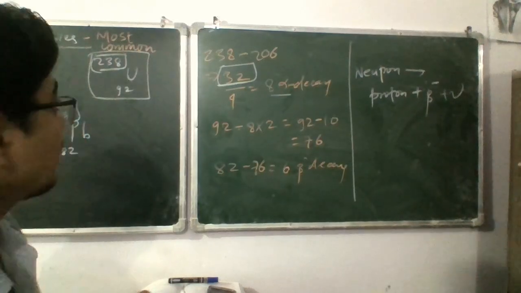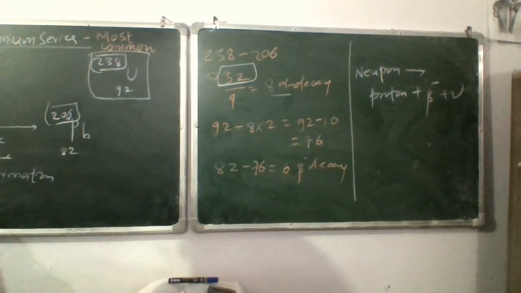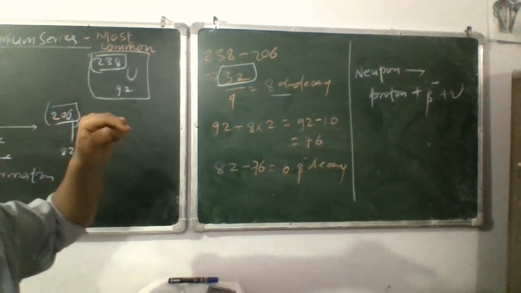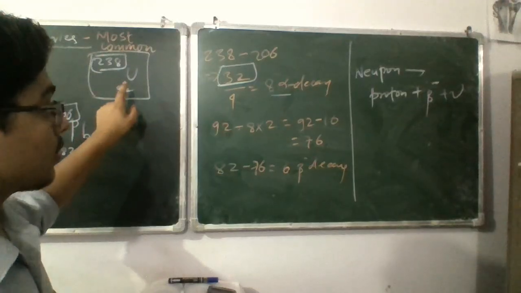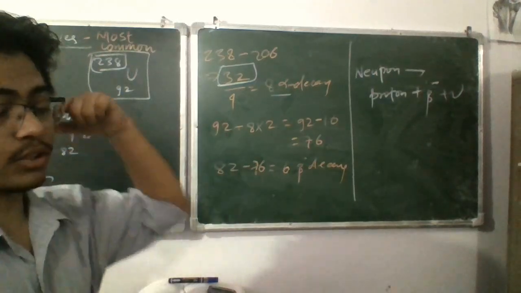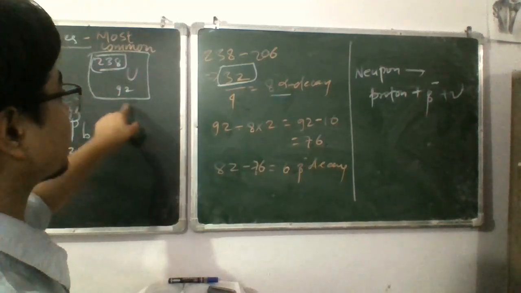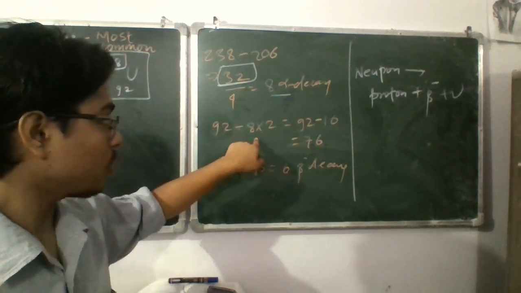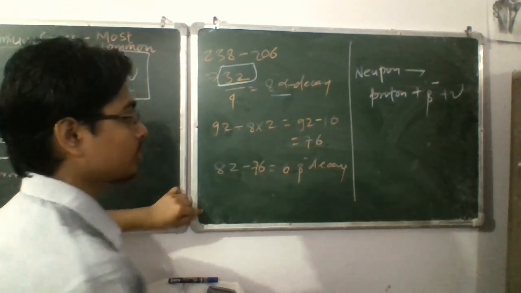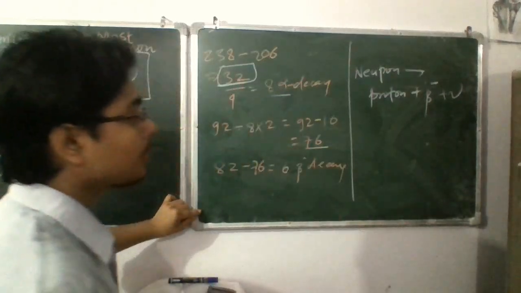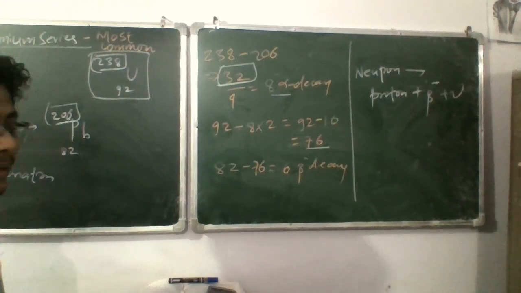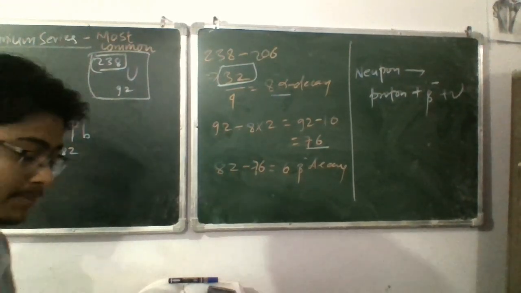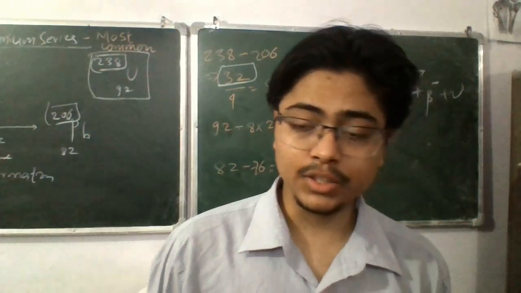If you talk about the reduction in the number of protons because of these 8 alpha decays, it would result in 92 minus 16, which equals 76 protons. But we have 82 protons in lead. That means some protons have been created in that series of reactions.